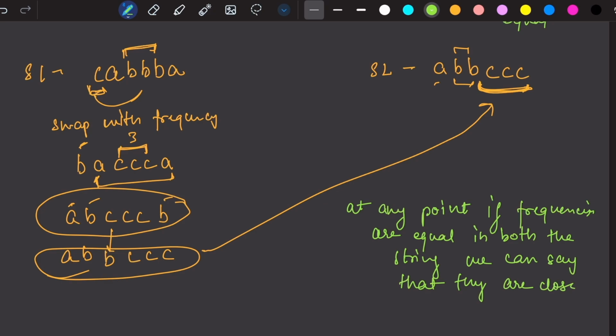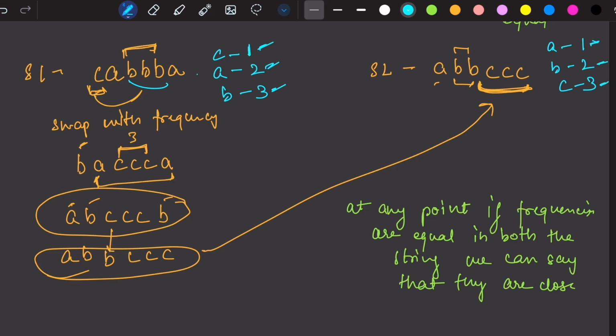Because at this point we know C was 1, A was 2 and B was 3. Similarly here A was 1, B was 2, C was 3. So if we check, 1 is here, 2 is also here, 3 is also here.